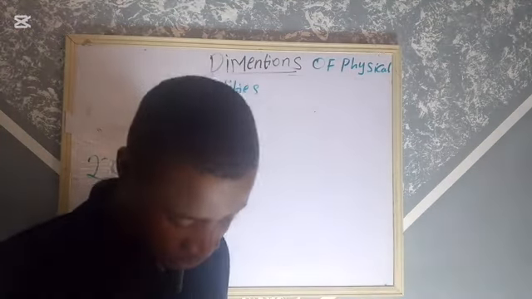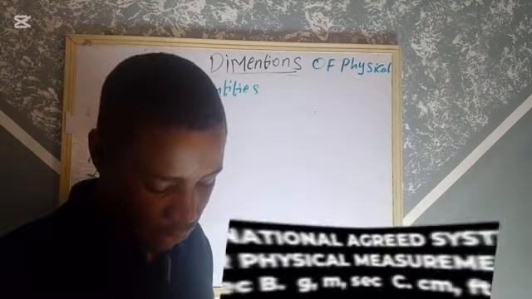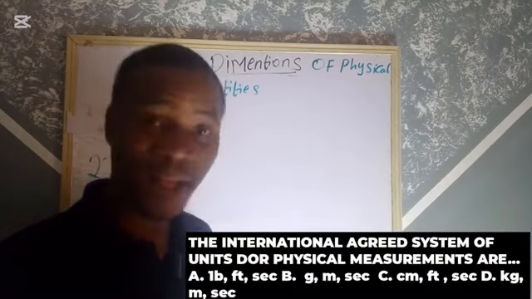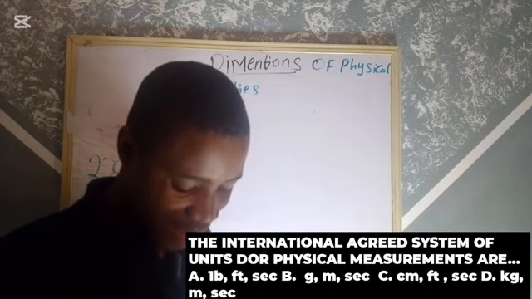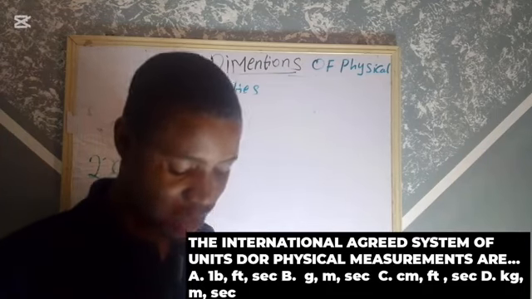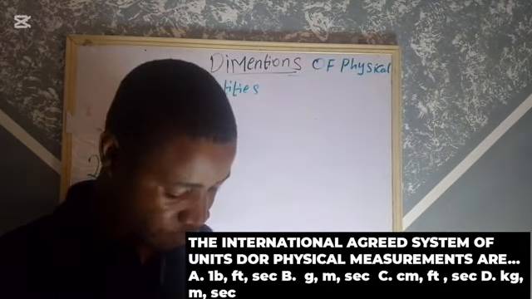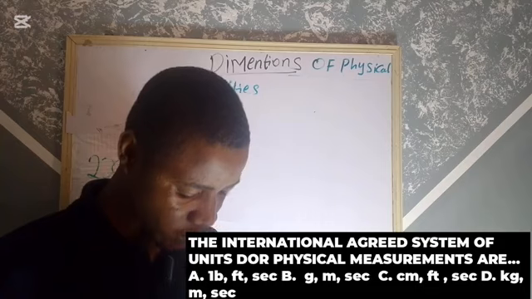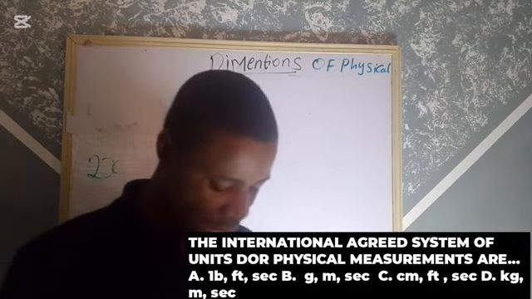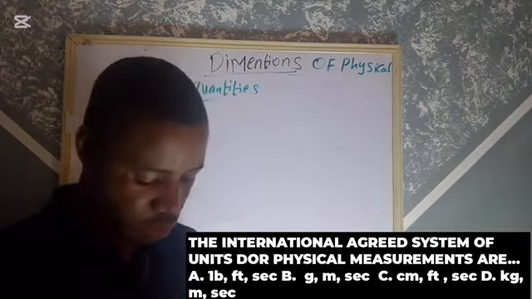The other one is, the internationally agreed system of units for physical measurements are: option A, pounds feet seconds, B, gram meter seconds, C, kilogram meter seconds.